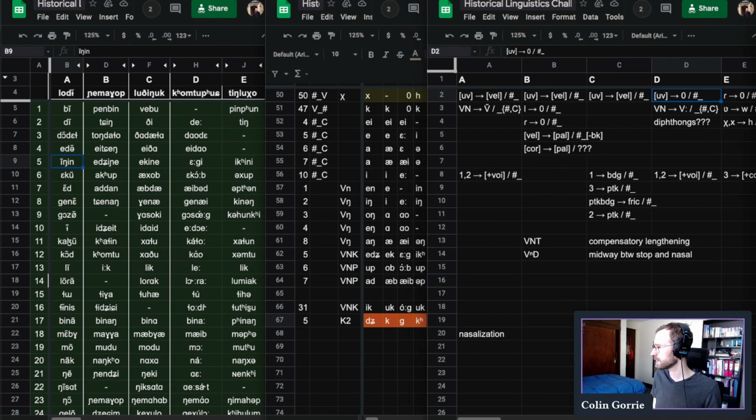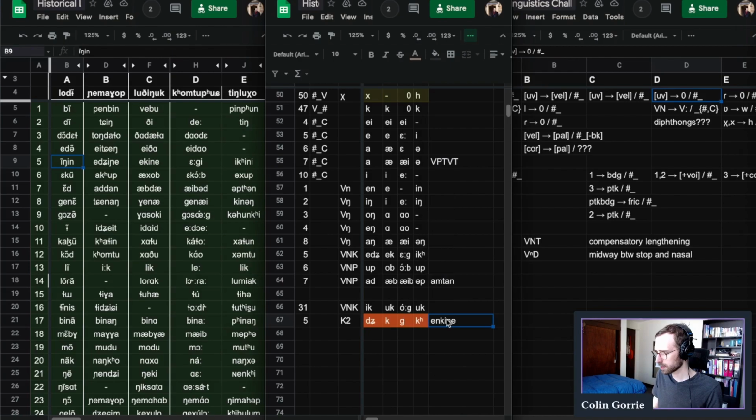And let's put that velar nasal in. Enkine or engine, not totally sure. Or maybe we could call it NK2, enkine. Don't know what sort of stop that is.